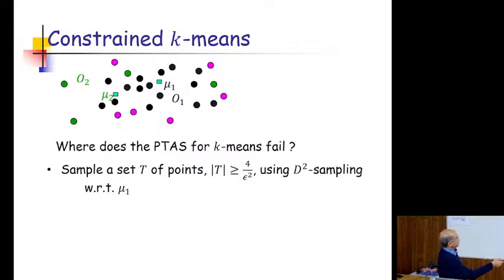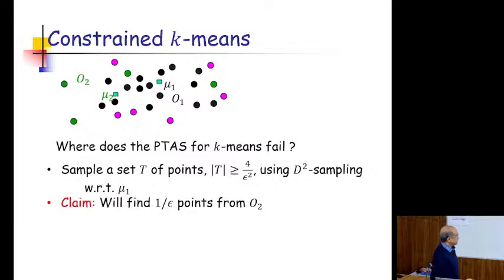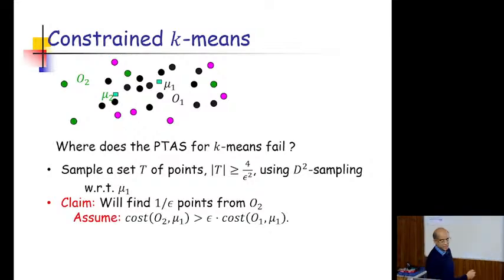So you sample them and then you hope that you will get enough of them from O2. Is that true? Yes. The claim that we showed, that you will find 1 by epsilon points from O2, just relied on the fact that this thing held, and this we can assume again. So the same claim still holds, that you will get enough points from the cluster O2.